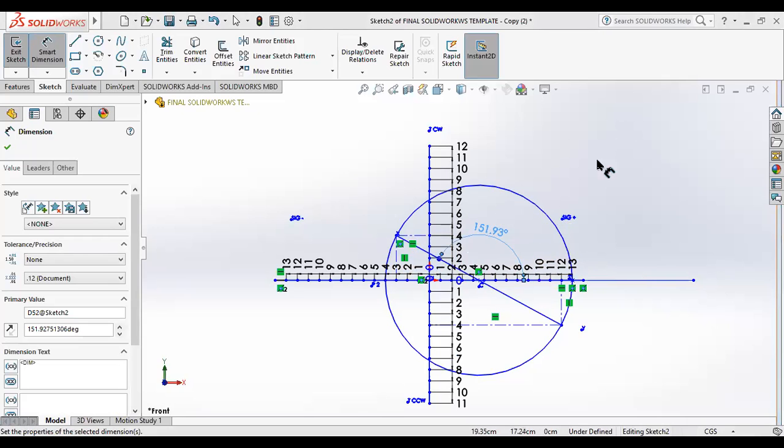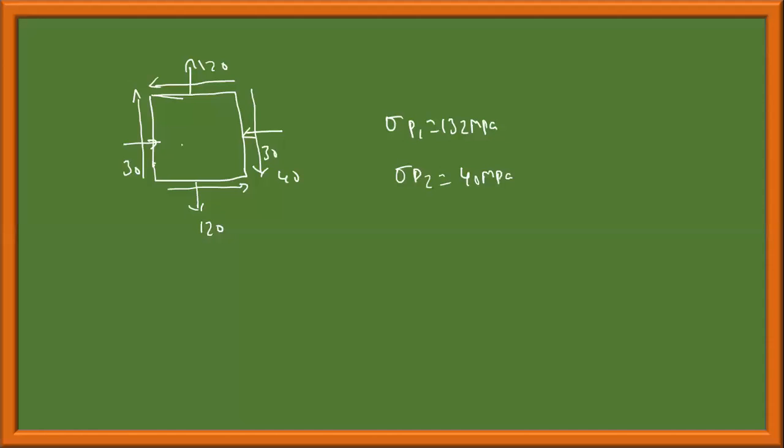Before that, you can see X and Y are 180 degrees apart on the Mohr circle. Here in the Mohr circle, the angle is 2 theta.